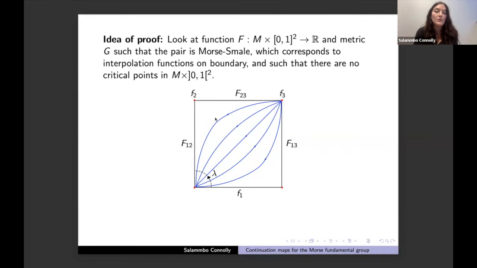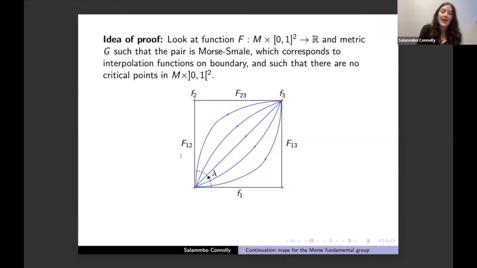In order to do this, if you project the trajectories onto the square, you can see what angle they start at in the square, and you have to understand what happens when the angle goes from 0 to pi over 2.